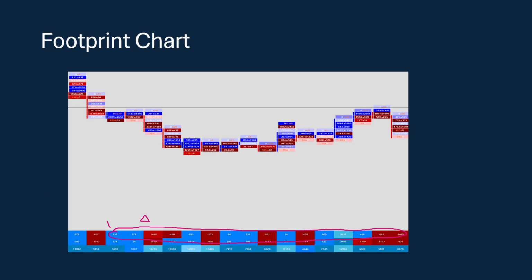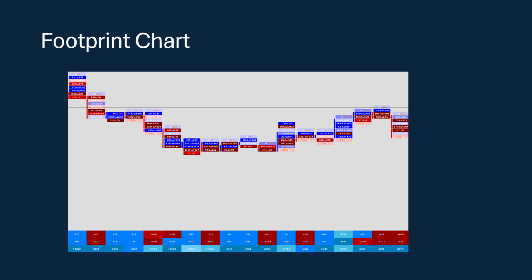So this is the delta. Then the second column is the delta change. And this is the total volume, okay?